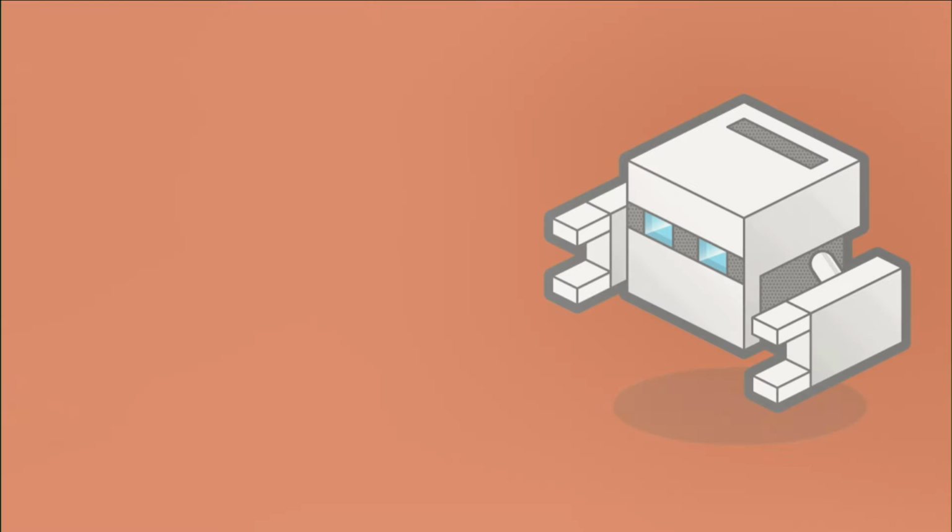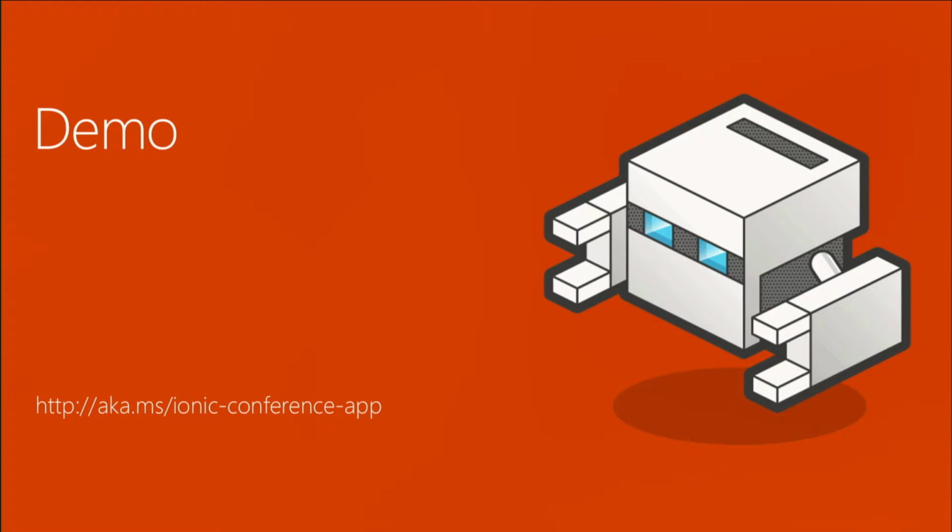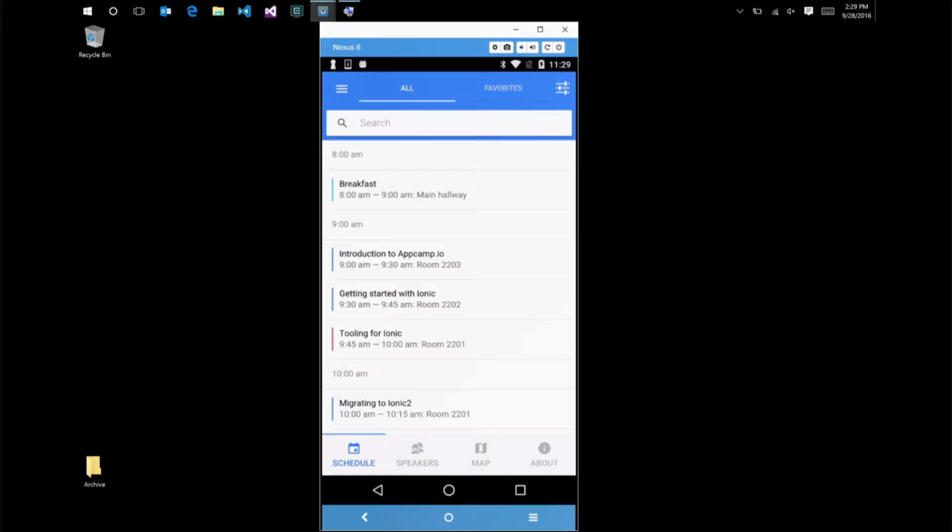So let me give you a quick demo here of what an Ionic application looks like. So we can see first how it adapts to the different design capabilities. I'm going to start with an Android device. So the application we're looking at is a conference application that the Ionic team has built to demonstrate Ionic 2.